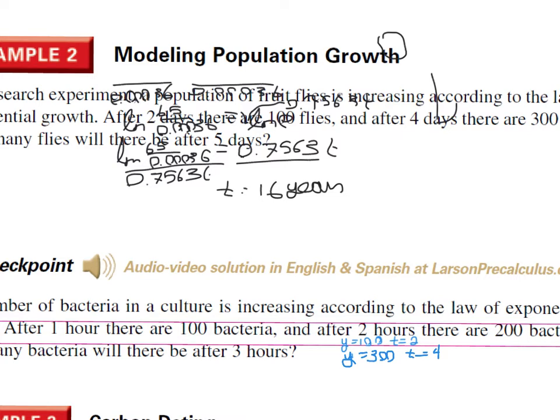We've got 100 is equal to A e to the 2B, and then we've got 300 is equal to A e to the 4B. What we need to do is figure out what B is. So what I can do is solve for A in one of these. I'm just going to divide by e to the 2B on both sides.